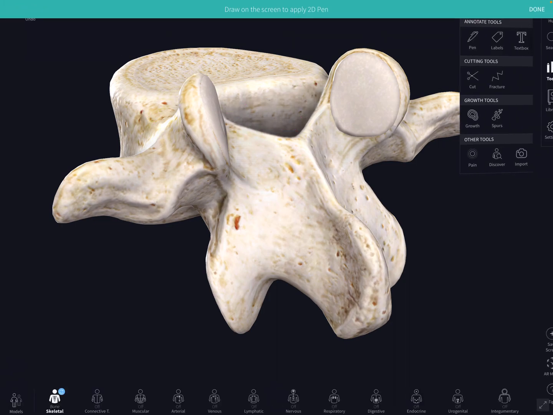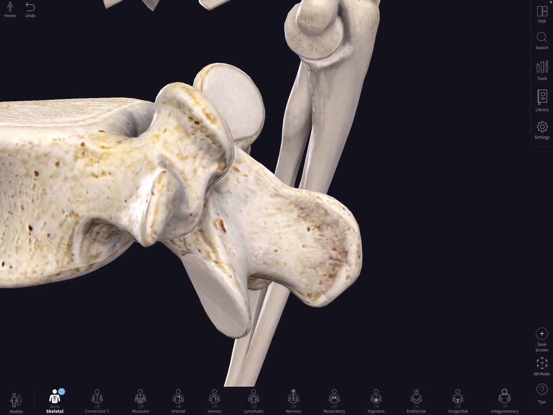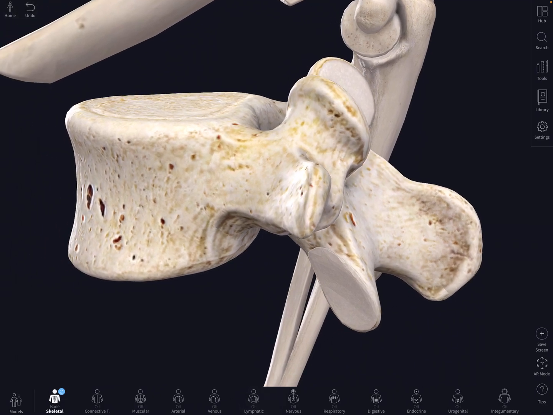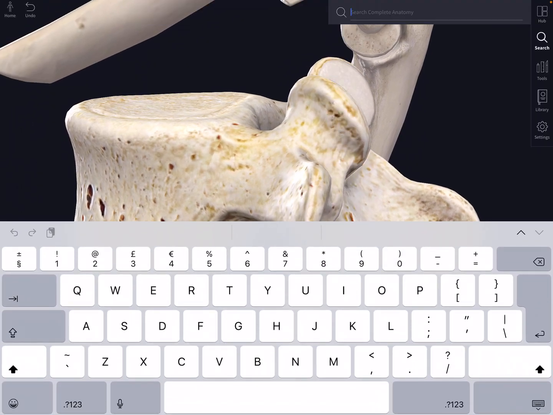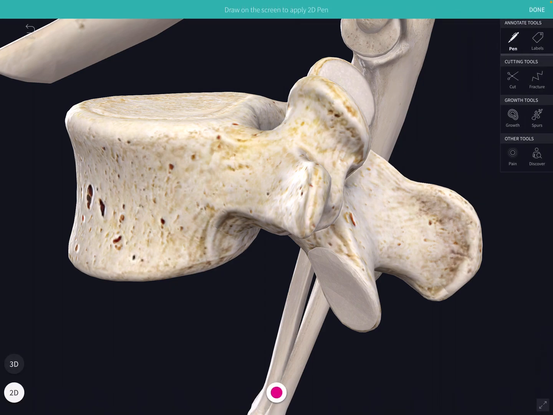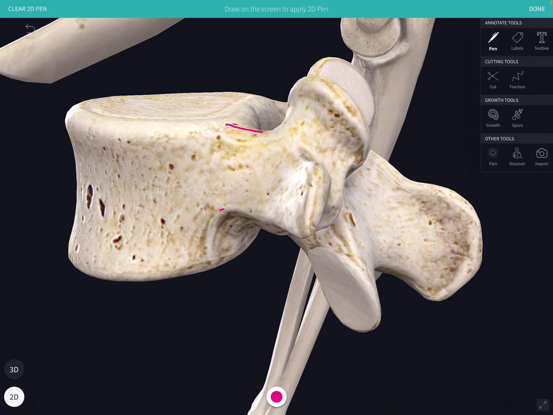Let's have a look at that in a lateral view. Here are the pedicles, and those pedicles arise from the upper part of the body, which means that the inferior vertebral notch is much deeper.